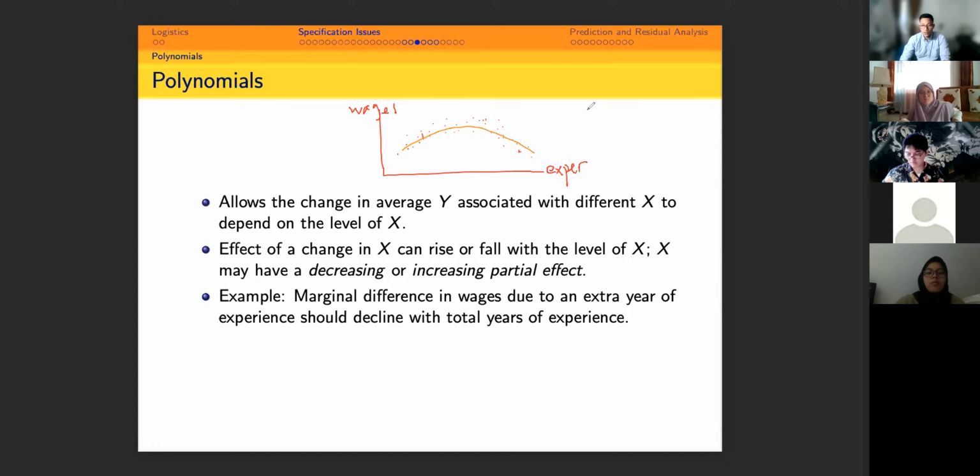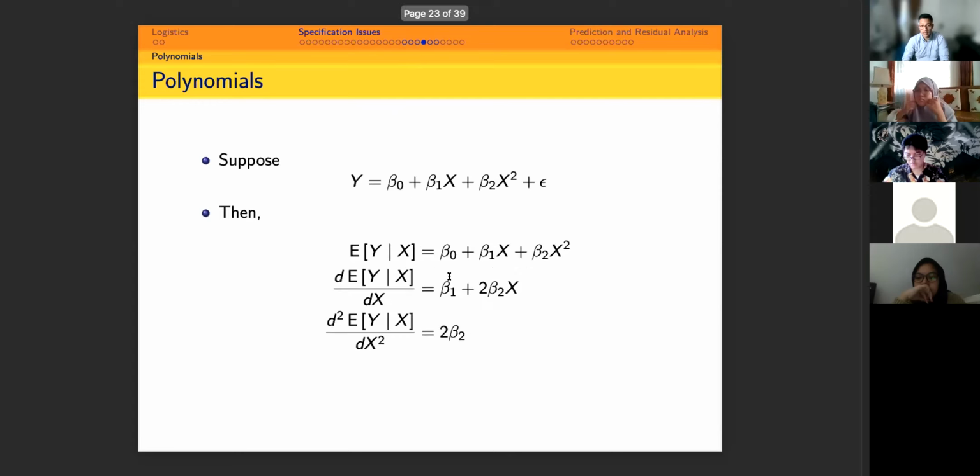All right, so this is an example where we want to capture a non-linear relationship between the left-hand side variable, in this case wages, and experience on the right-hand side. Again, what I'm illustrating here is just the relationship between two variables, but in general there are other variables that we need to take into account in the regression.